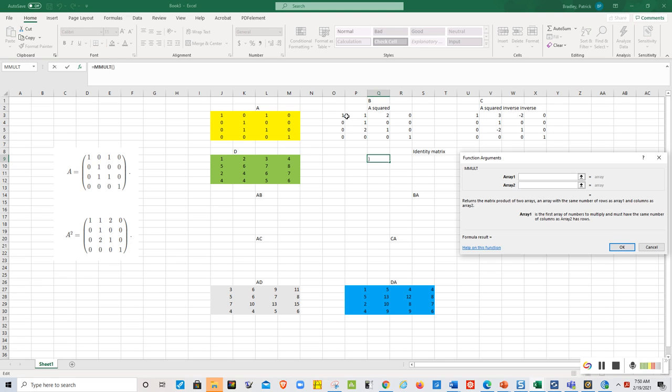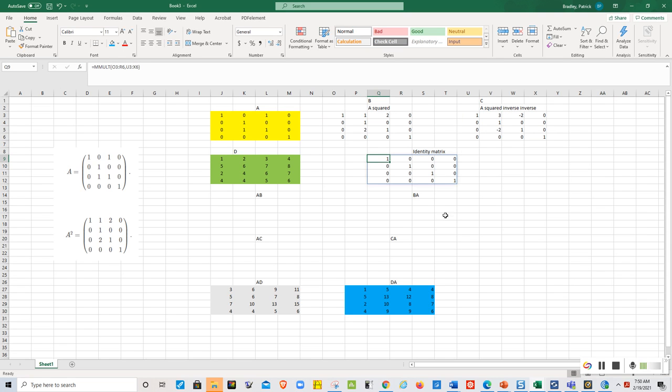And so we're taking B, and the second one is going to be B inverse, and I'm expecting to get the identity matrix. And in fact, I do. Now, the identity matrix is the matrix that has 1 down its main diagonal and zeros everywhere else, and that corresponds to 1. So this is the discussion about matrix multiplication using Excel.